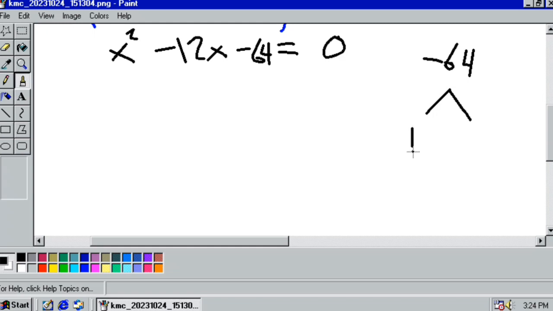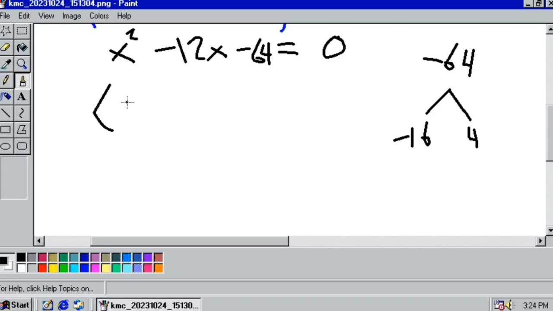It is negative 16 and 4. So you can try it. I can list the factors of 64 like 1 and negative 64, negative 2 and positive 32, and so on, but I'm not going to do that because this video will be longer.